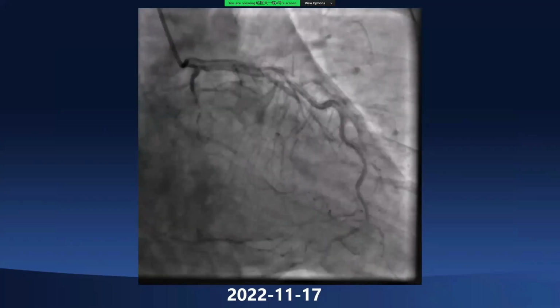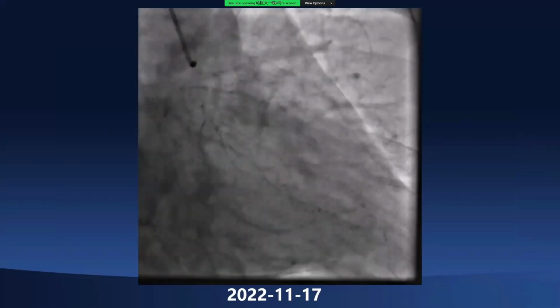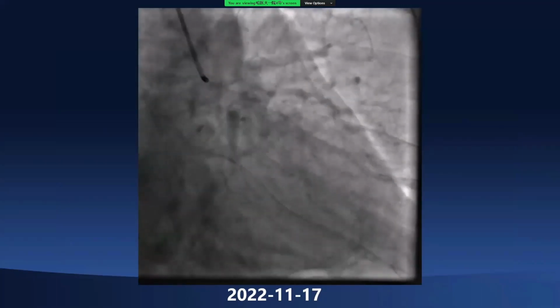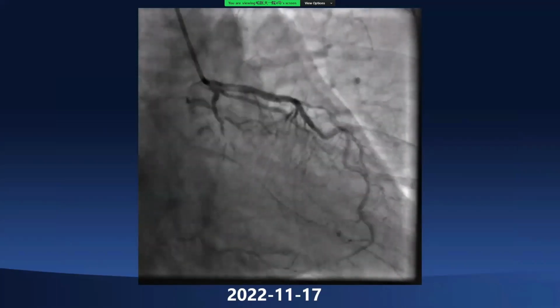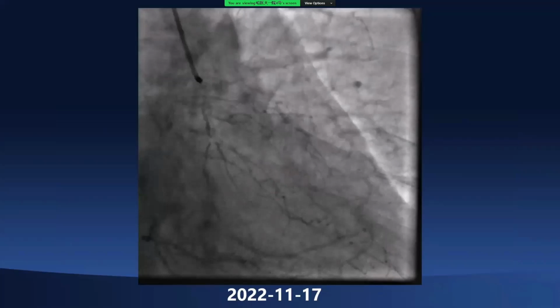This is the first operation, in another hospital. The patient underwent this operation on November 17th.